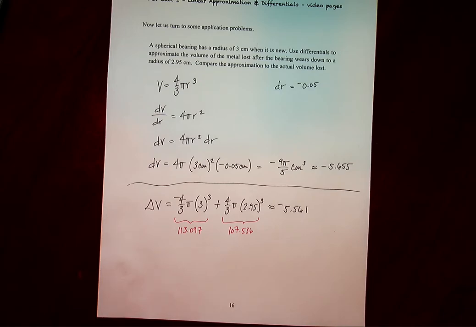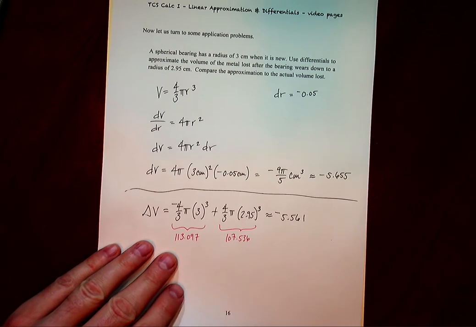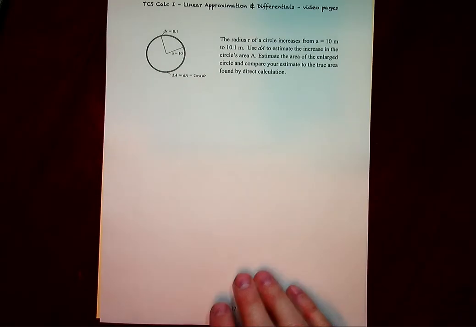I'm really not interested in the sign, because when you write it out and explain it in sentence form, you would just say the volume decreases, and the decrease would take care of that negative. So I'm less interested in the positives and negatives in this than I was in the related rate problems. So let's go ahead and move on to the last problem that we're going to do.